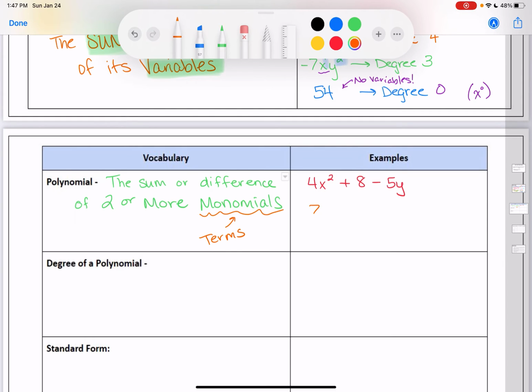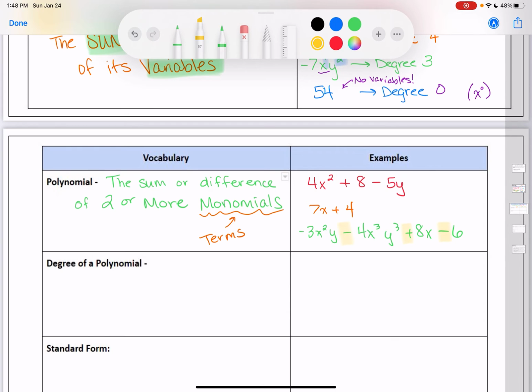I could have just two terms, 7x plus 4. That's a polynomial, right? That one has two different terms. I could have something huge, negative 3x squared y minus 4x to the third y to the third plus 8x minus 6. Those are all polynomials, right? And that last one, let's see, I have 1, 2, 3, 4 terms separated by those pluses or minuses, right?